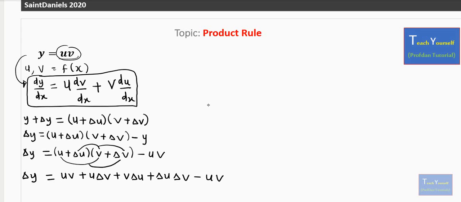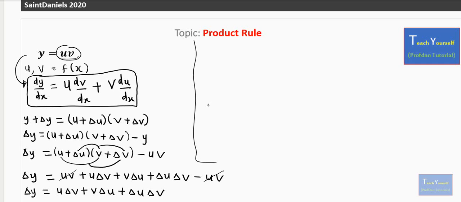Okay, and now by observation, we can see uv minus uv is going to cancel out. We are left with increment in y equals u times increment in v plus v times increment in u plus increment in u times increment in v.